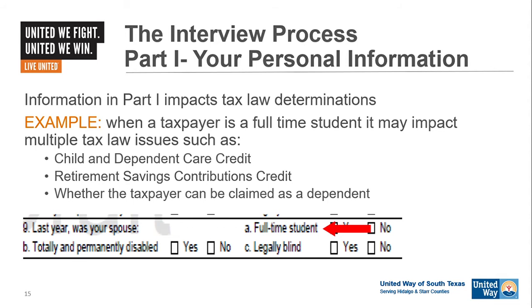You want to ask them how many years they have been in college, whether this is their first year, and whether they have the form that the college sends them, the 1098-T, I believe. You just want to have that information.